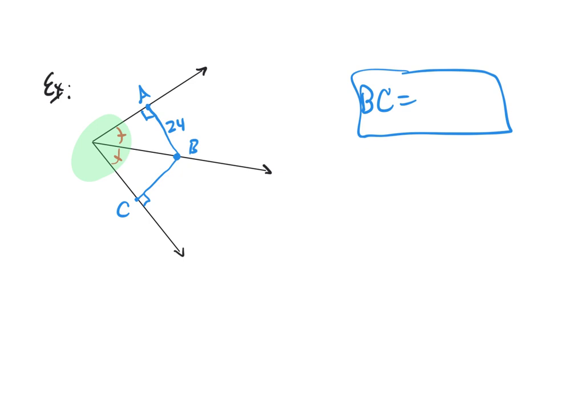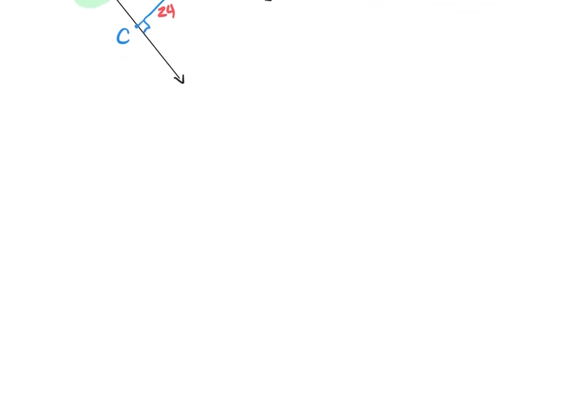So if the distance from B to A is 24, the distance from B to C is going to be 24. I'll put that in a different color down here just so you know it wasn't there originally. So the distance to the other side will be exactly the same. Okay, so that's a problem using the theorem in one direction.